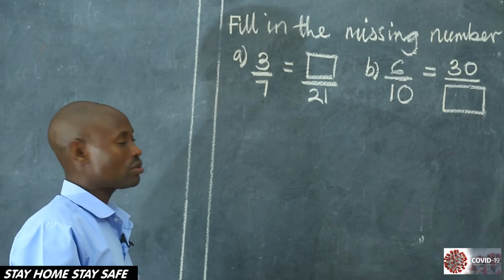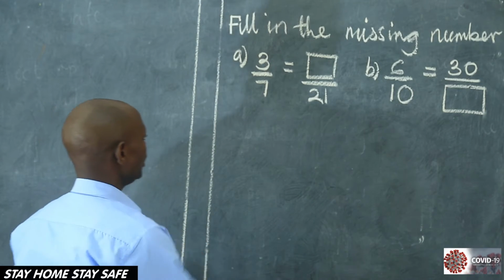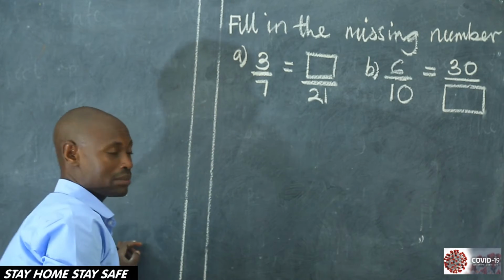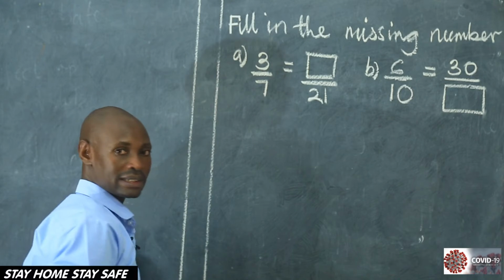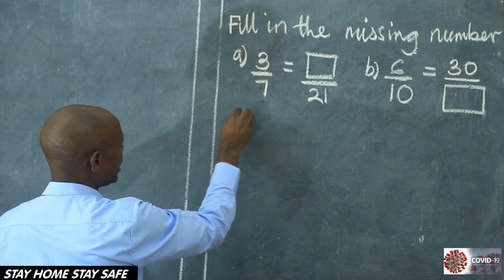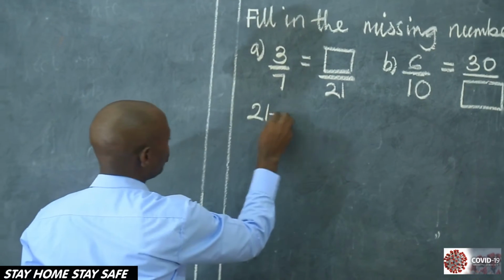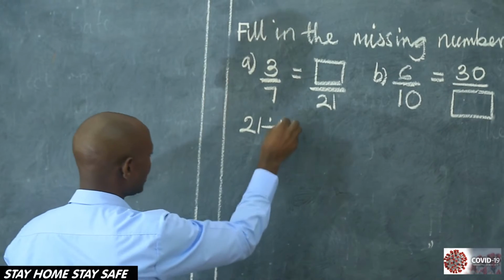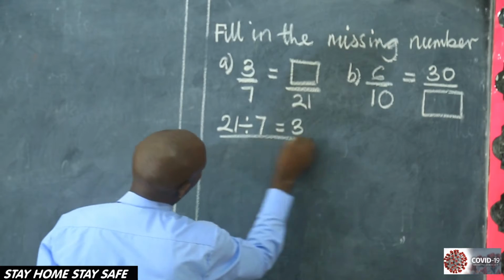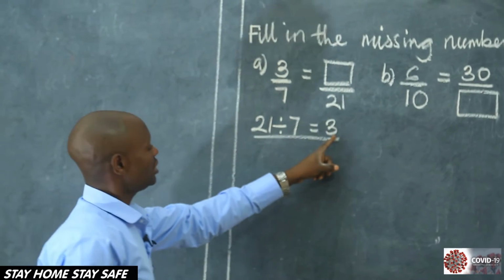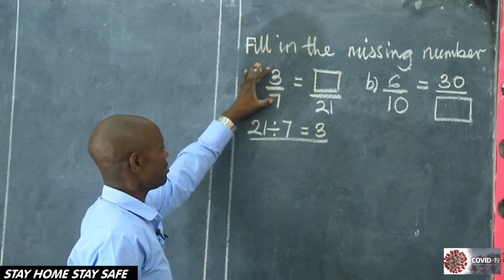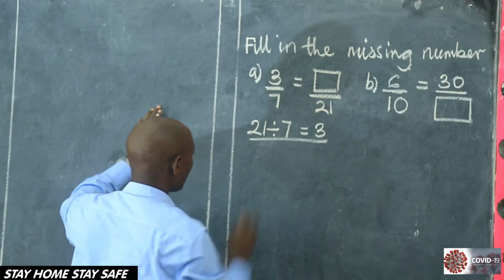But I also gave you a shortcut: you look at what has been given, and you have the denominators. So you get the bigger denominator, which is 21. You divide it by the smaller denominator, which is 7, and this is going to give you 3. So after getting 3, it means 3 is a common factor which we are going to use on 3 out of 7 to get the fraction.